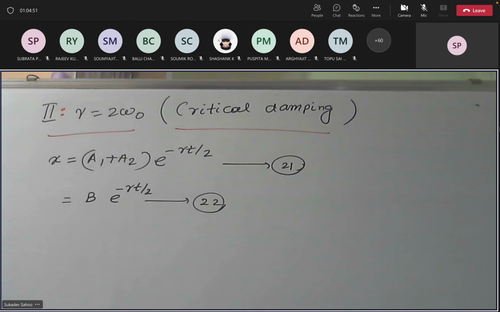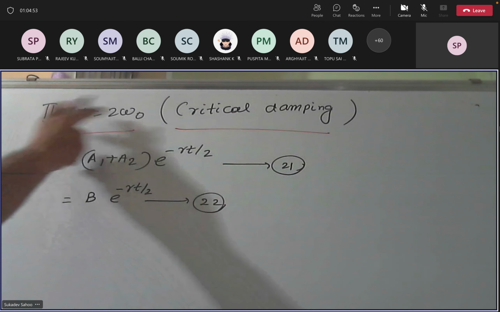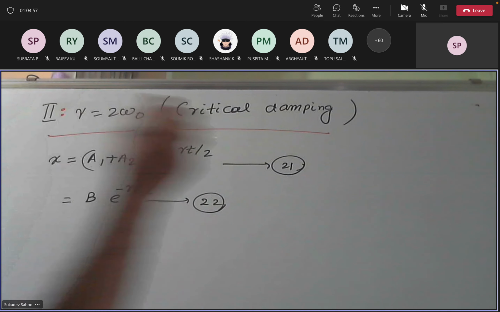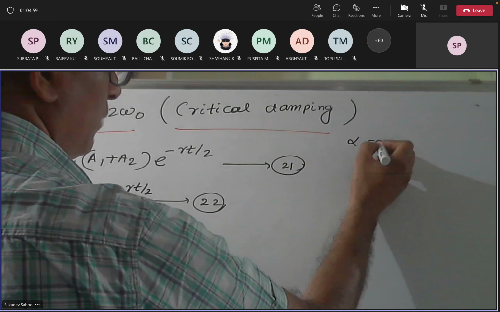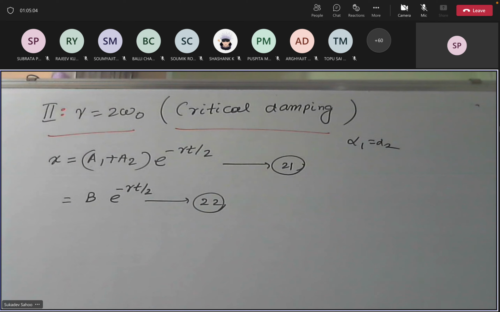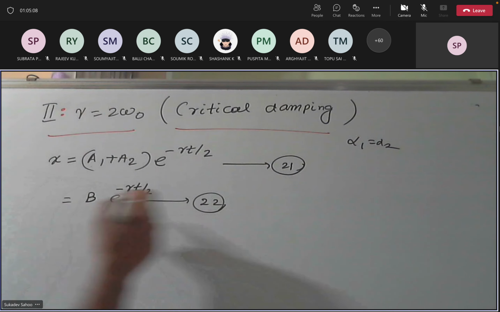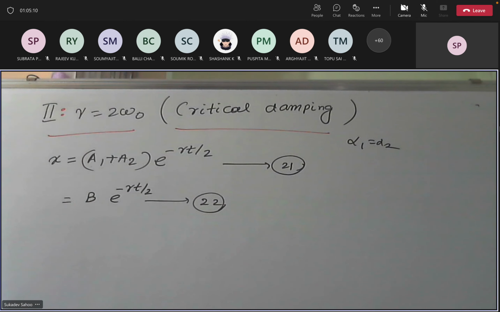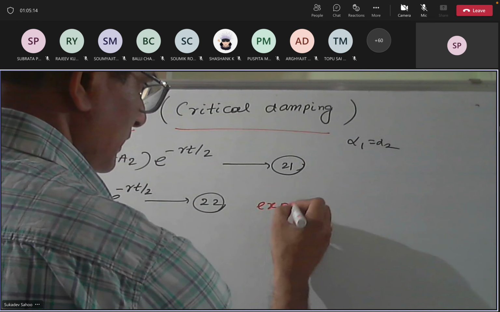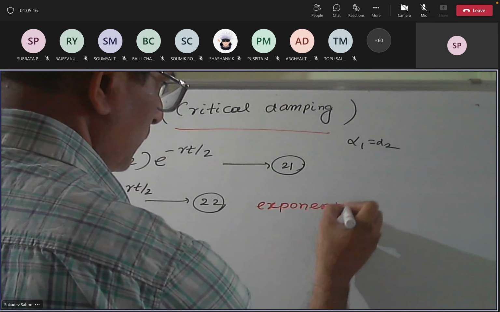So in this case, since gamma equal to 2 omega 0, you see that the two roots are the same, alpha 1 equal to alpha 2. And from equation number 22, it is clear that the displacement decays exponentially. In the first case, it decayed asymptotically, and in this case, it decays exponentially.